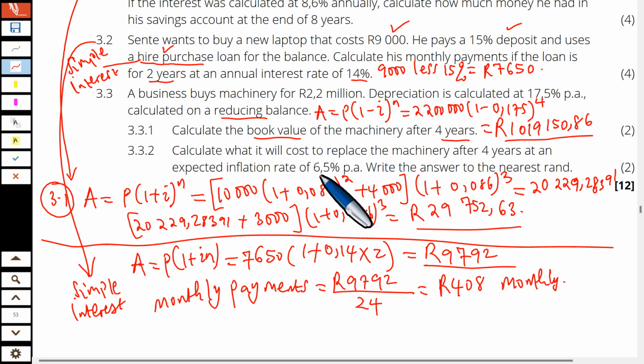So that one I'm giving you 2 minutes to do, 3.3.2, then we shall do it together.